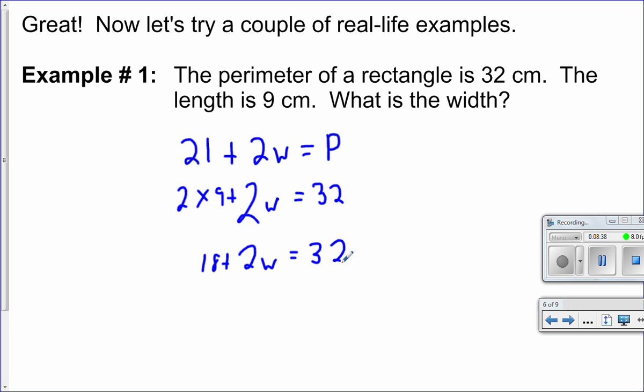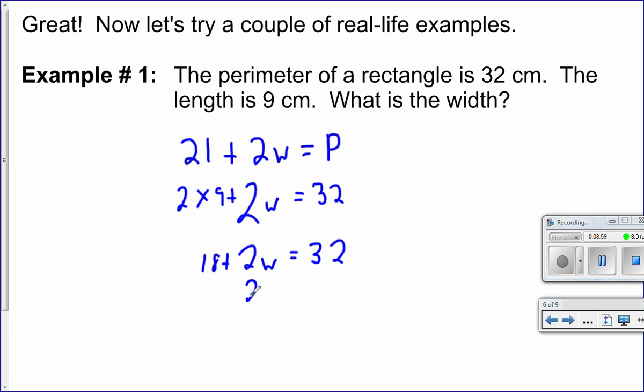Now check this out. Here's what I'm going to think in my head. I've got 18 over on this side. I've got 32 over here. I'm going to cancel out the 18 by subtracting.